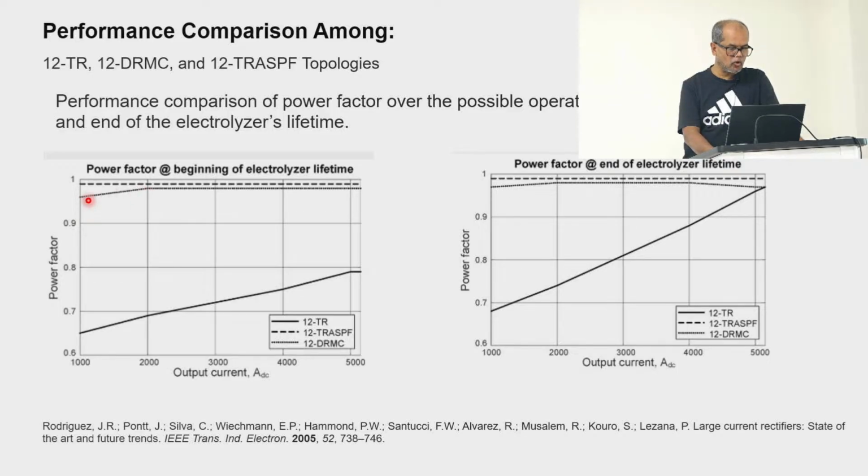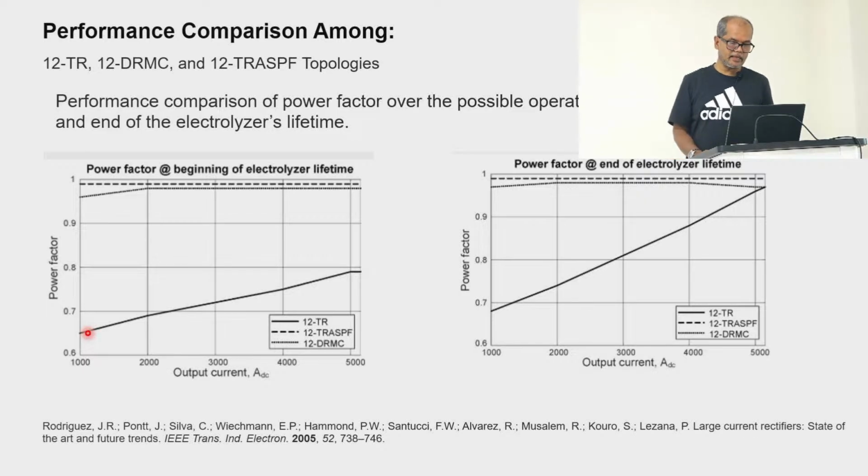Although at low current it has a slightly lower power factor, it's quite good. But if you see the initial one, only the Thyristor rectifier, it has a very low power factor, mainly when you have low current.